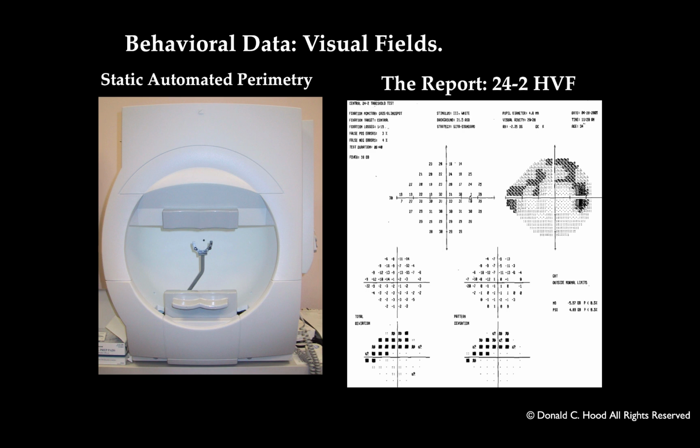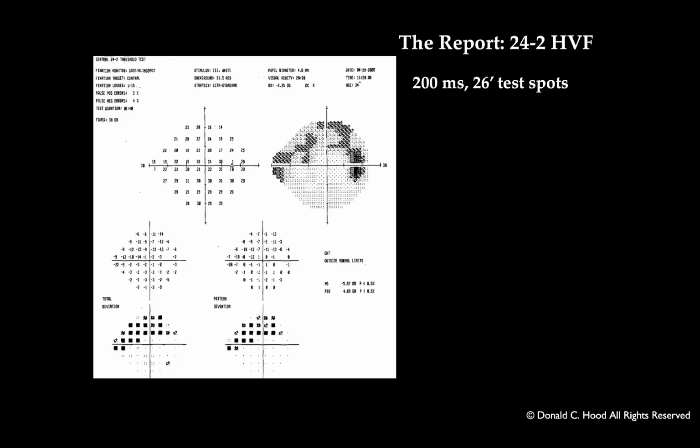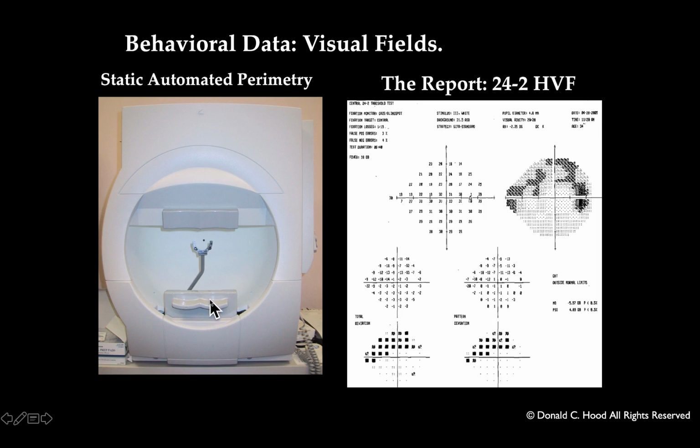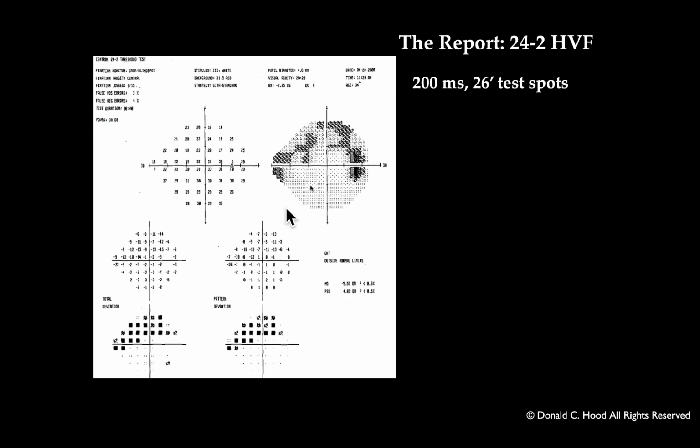Okay. I think you all are familiar with this report, but let me just remind you that the subject here is pressing a button every time they see a light, and the lights are very brief and very small.